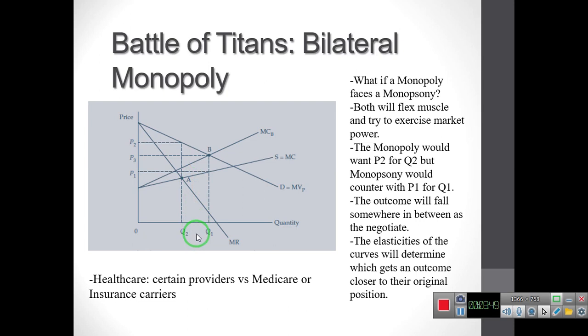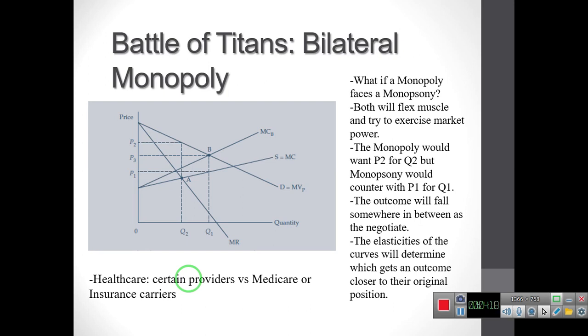So where do we see this in healthcare? I already mentioned the case of the hospitals, but you also have the case of certain providers and Medicare or insurance carriers. When you think about a hospital and how they charge the government, in the case of Medicare, they charge certain fees for certain procedures. In this case, you could say that the government, Medicare, is the monopsony.